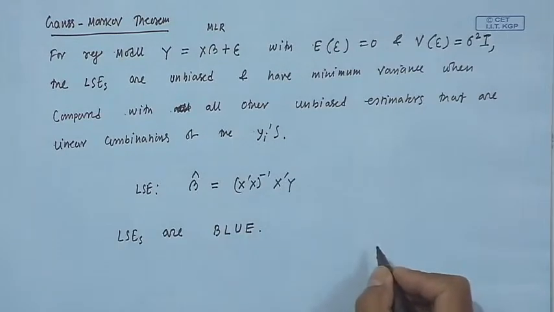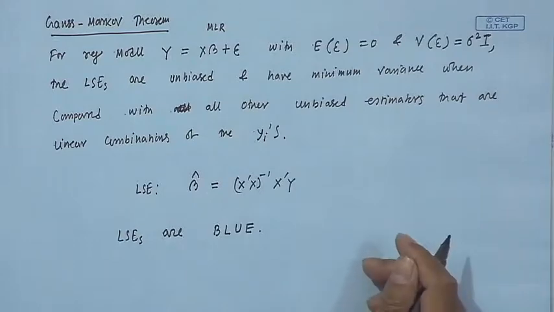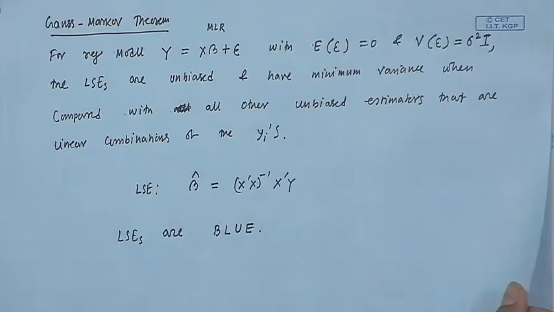These are called BLUE. So, this is what the Gauss Markov theorem is.